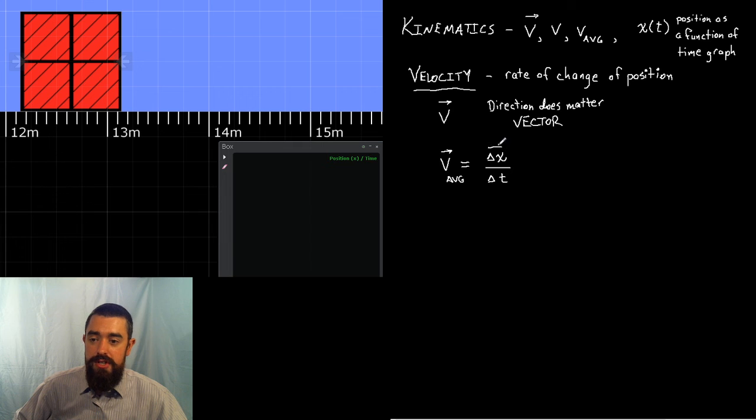Now change in position, that's a vector quantity called displacement. So really we're talking about displacement, that's the change in position, divided by a change in time, or I can say time interval.